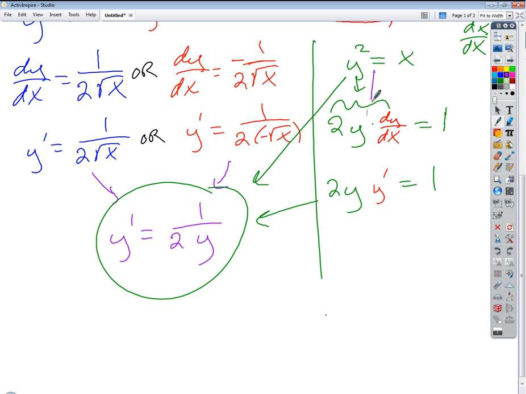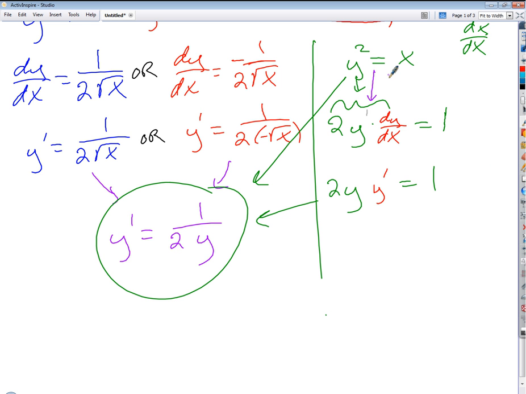The process of going from there to there is we are implicitly differentiating with respect to x. In other words, we're just taking the derivative of everything up there with respect to x.